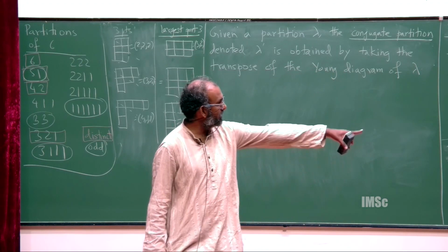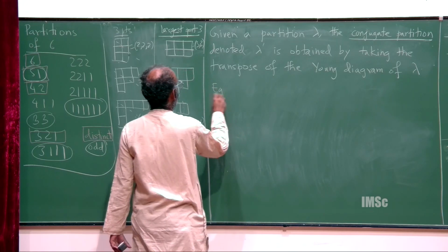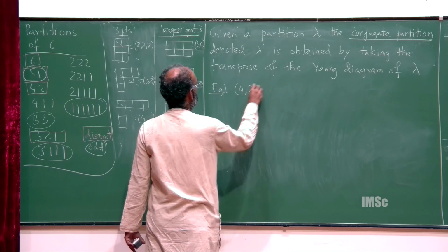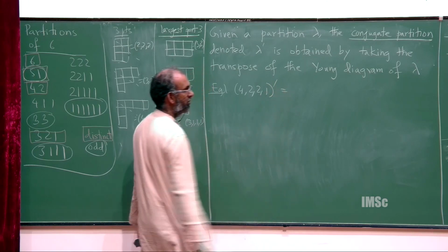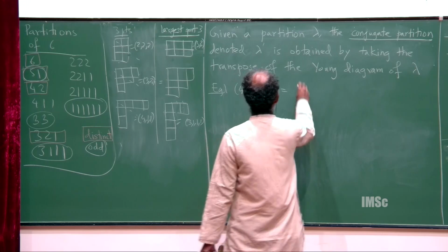Yes? So, as an example, what is the transpose of the partition 4, 2, 1? You read the first column, 3, 1, 1. So this is 4, 3, 1, 1.